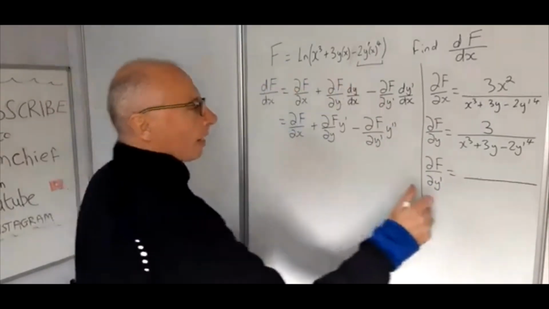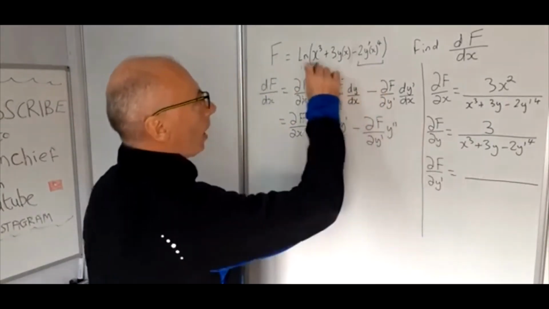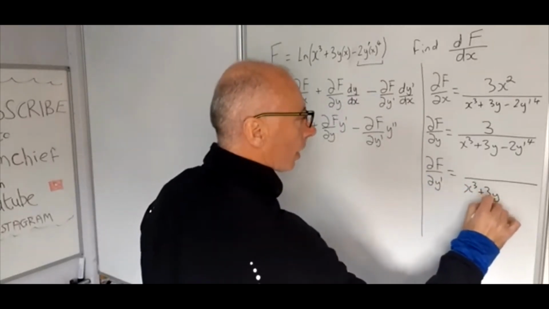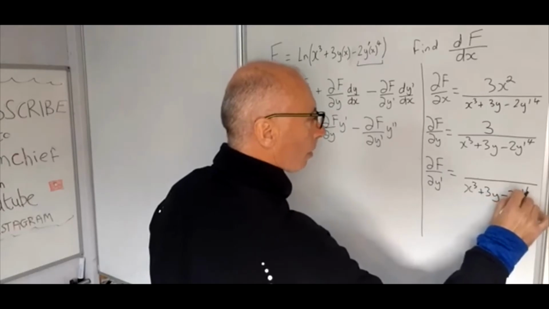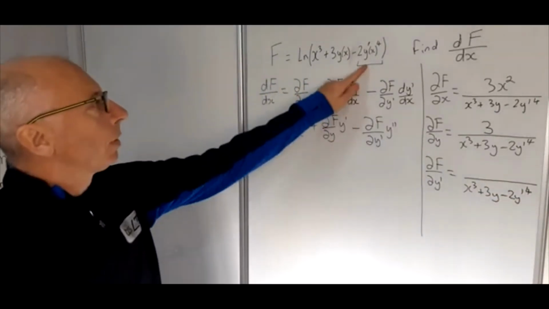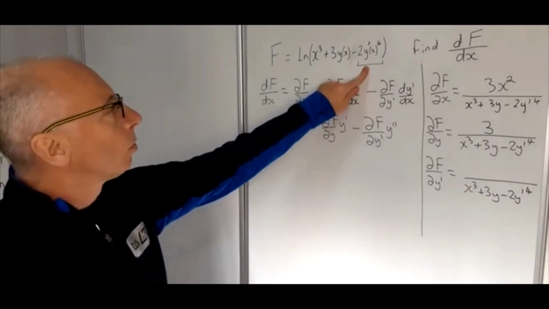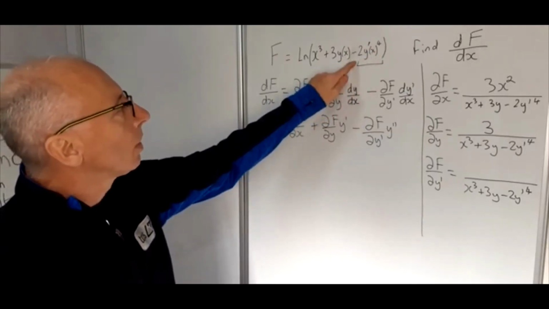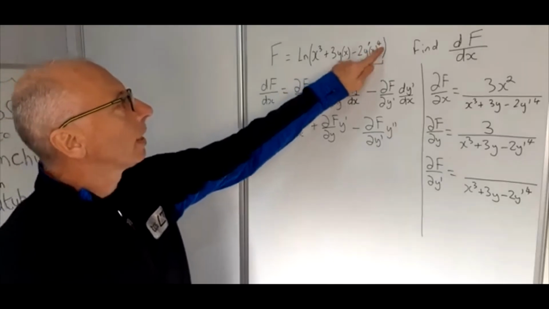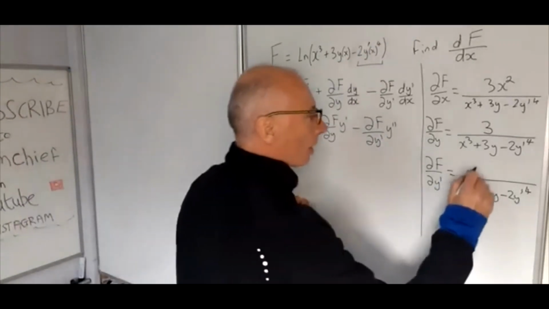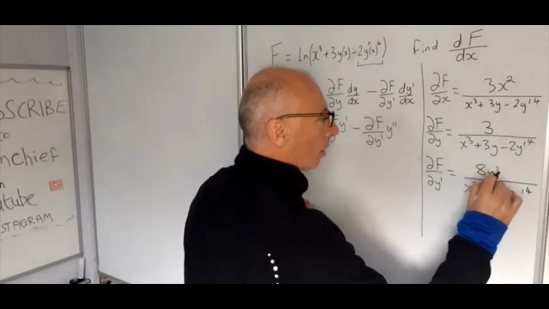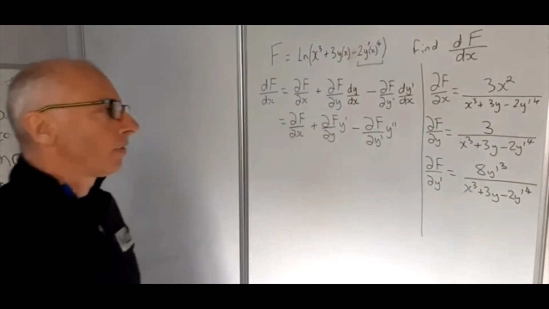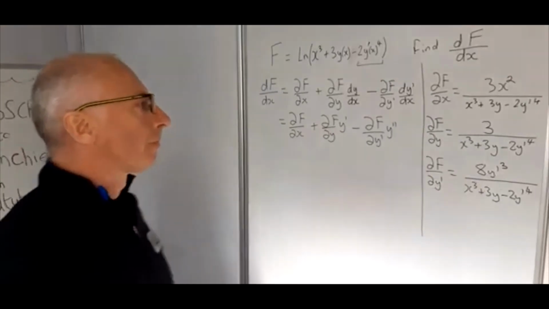Same again, it's 1 over whatever's inside the logarithm, so that's x cubed plus 3y minus 2y prime to the power of 4. And now we take the derivative of this with regards to y prime. So 4 will come out front, so that'll become an 8, 4 times 2 is 8, and then drop the power by 1. So that's 8y prime to the power of 3. That's the derivative with regards to y prime.